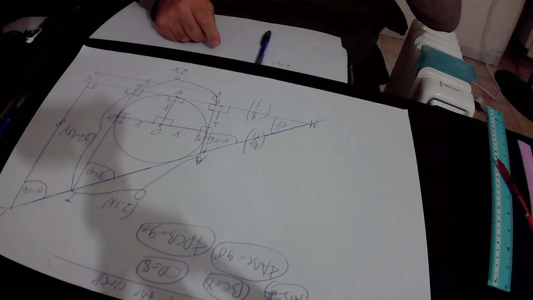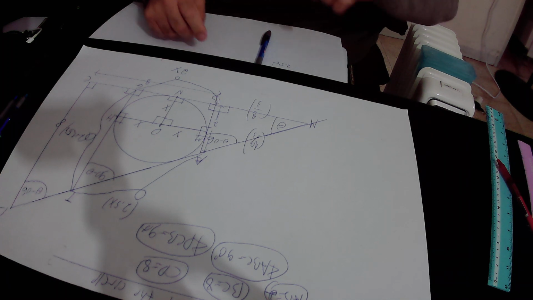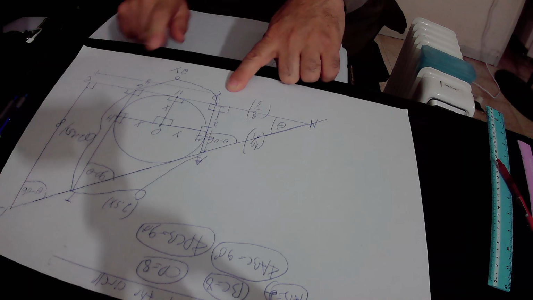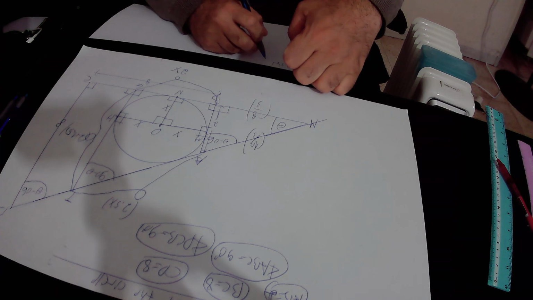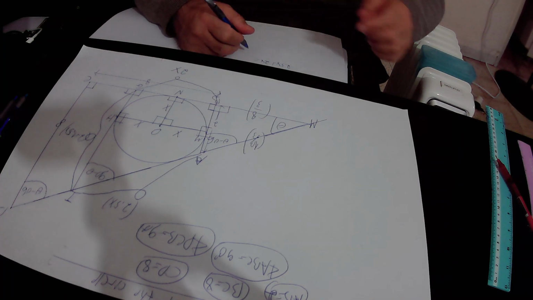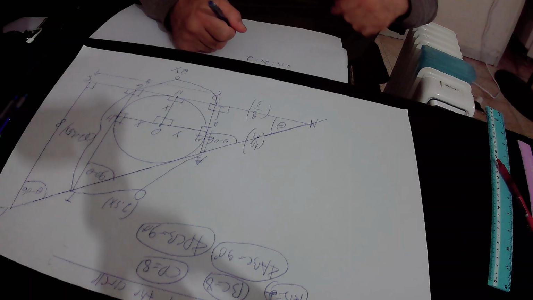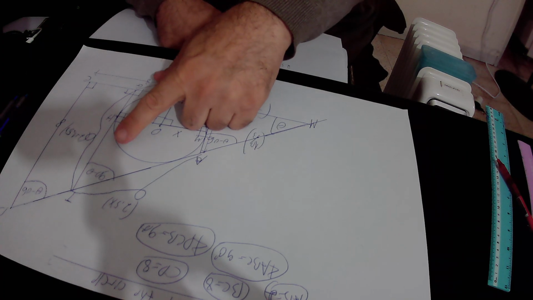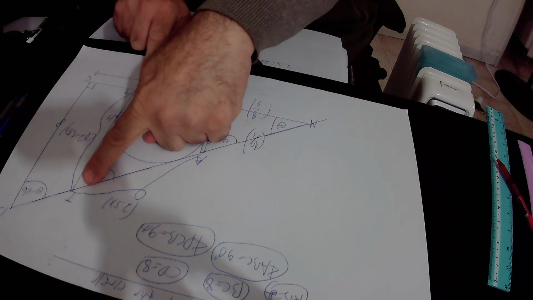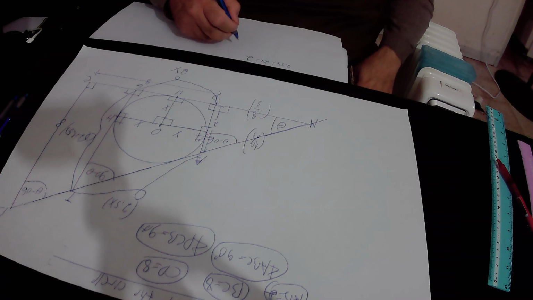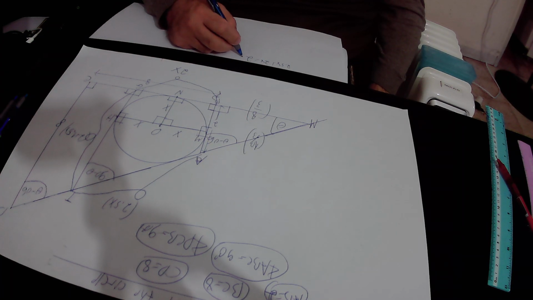Plus BG, here BG equals 2x, so we substitute BG by 2x. And it is equal to AB. AB is 2, so we substitute AB by 2 plus TG. Here TG equals 2 plus 1.5x, so we substitute TG by 2 plus 1.5x.